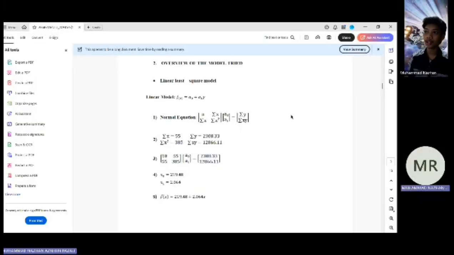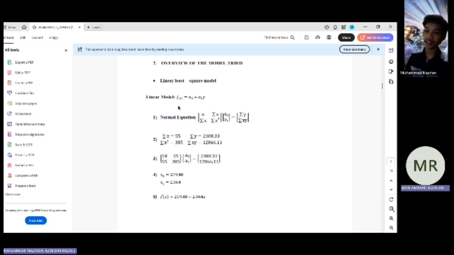A view of the models that we tried in this assignment. The first is the linear least square model, whose equation is f(x) = a0 + a1x. Firstly, we use the normal equation, shown at number 1.